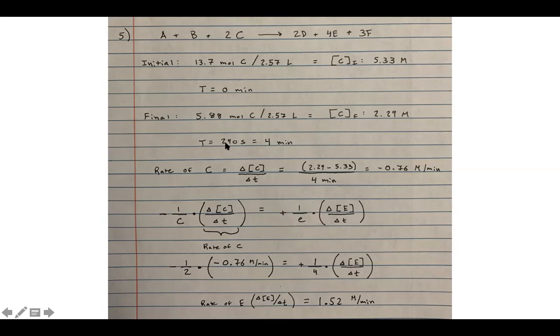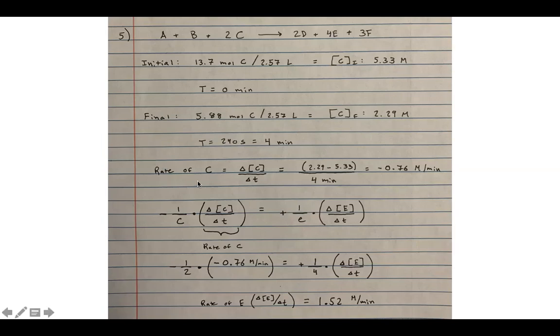The time for that is 240 seconds, which eventually I ask for in terms of molar per minute, my rate. And so 240 seconds is 4 minutes, right? And what's my final concentration? Well, I'm told that I have 5.88 moles of C remaining. Divide that by the volume to find that my final concentration of C is 2.29 molar.